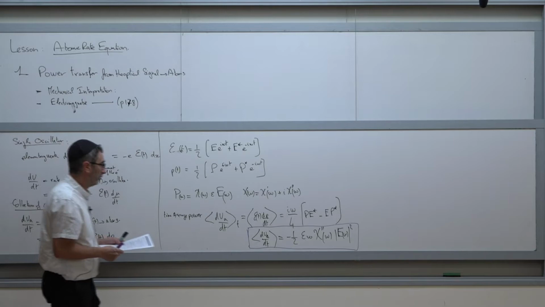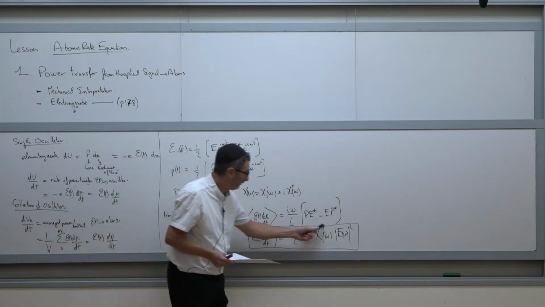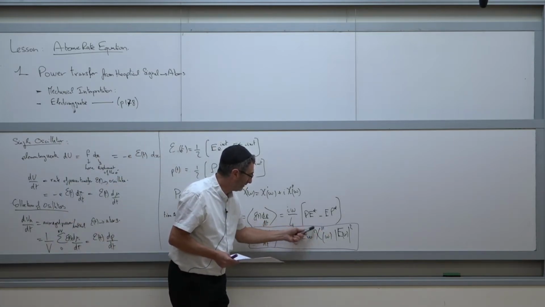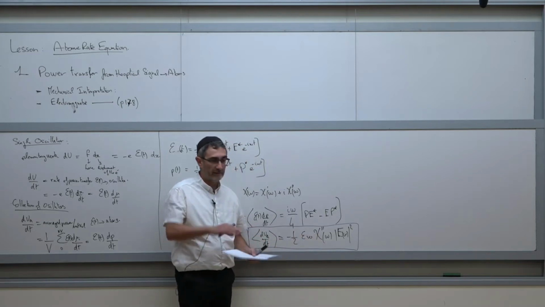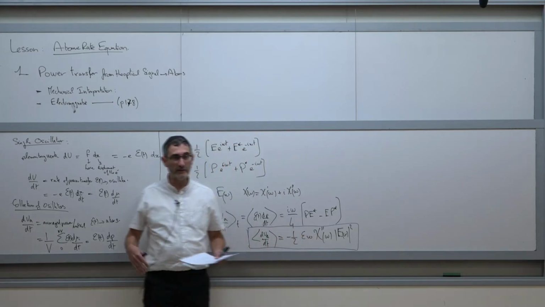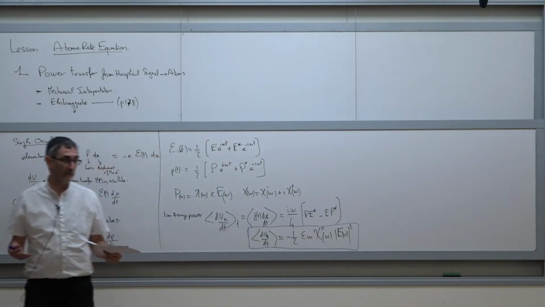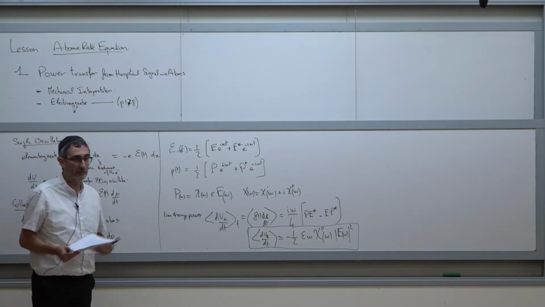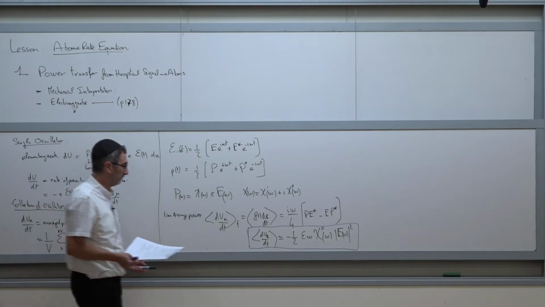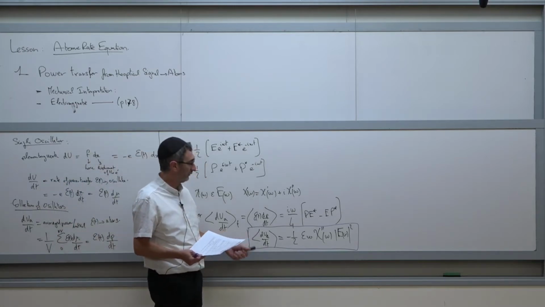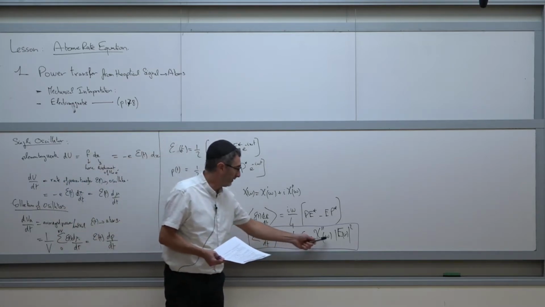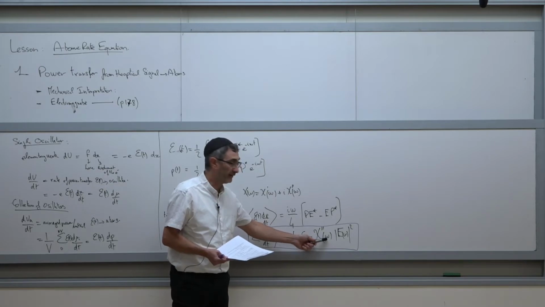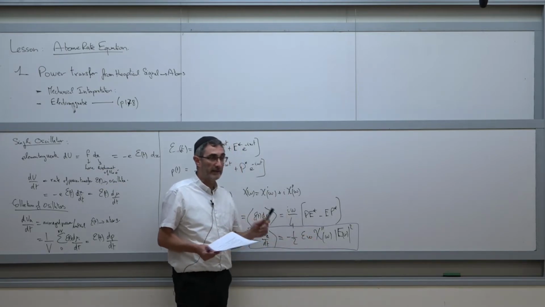Now you understand that this part is very important. This shape gives you really the gain of the medium. It tells you how much power you can transfer inside the system, depending on the frequency compared to omega A.